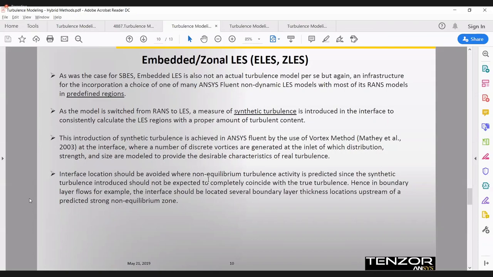Vortex generators, there are many ways to do that, but there's a difference when you do it at the inlet and let turbulent content evolve.